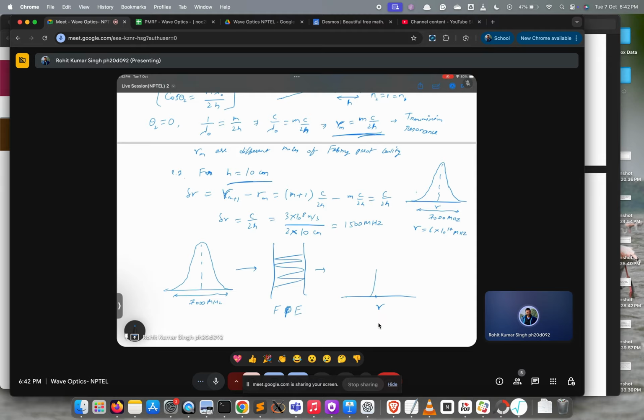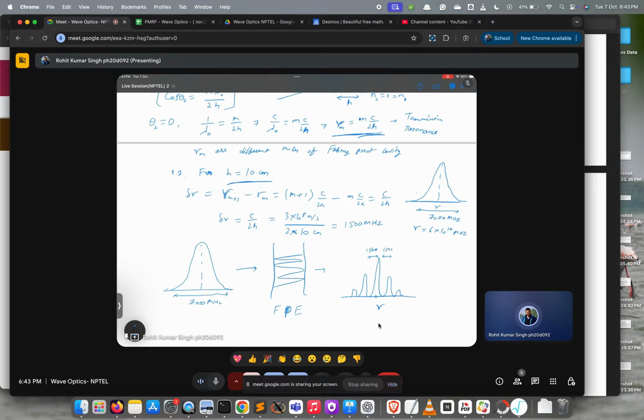So you will see one peak here, and then there will be other peaks, and the distance between these two peaks will be 1500.